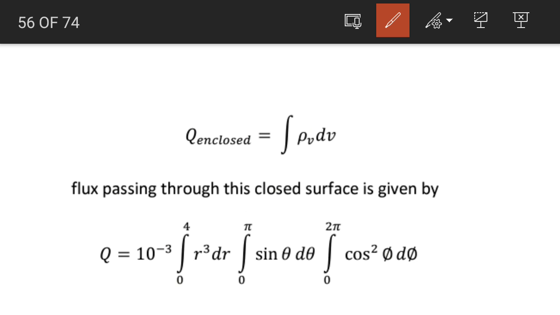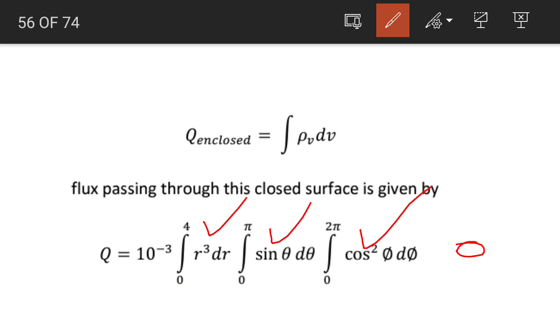Let me simplify it for you. The integration of r cube will be r raised to power 4 by 4. The integration of sine theta will be minus cos theta, and the integration of cos square phi d phi will be phi by 2.